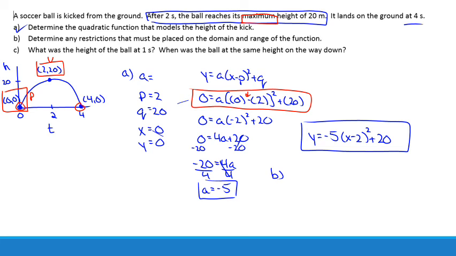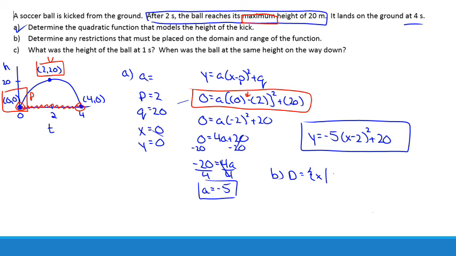B says, determine any restrictions that must be placed on the domain and range. So basically just find the domain and range. And we know it's not going to be infinite when they say determine the restriction. So remember, domain starts off like this, D equals, and then x such that, and then here comes your rule or restriction. If we look at the x's, you can see the x's go from 0 to 4, and they stop.